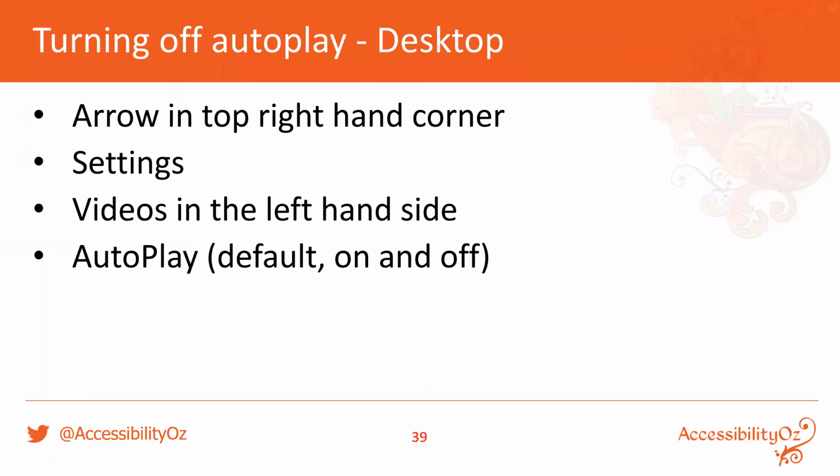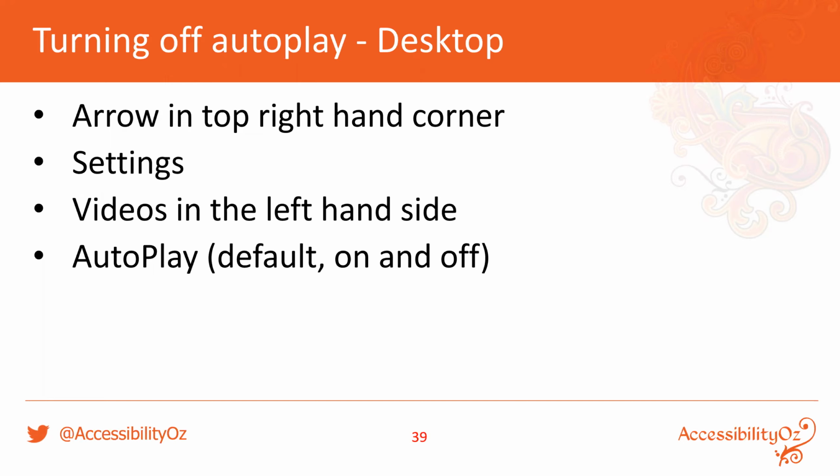So I want to talk a little bit about turning off autoplay, because one of the things that I found was that when we went looking for how to do all these things, they were often difficult to determine if you could turn off autoplay, under which section it was, etc. And it often wasn't even consistent amongst the same social media network. So it's different on desktop to iOS to Android.